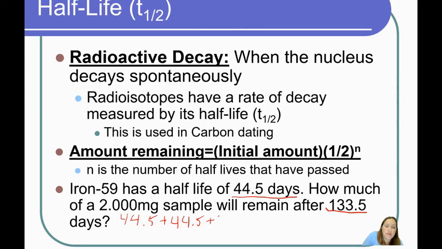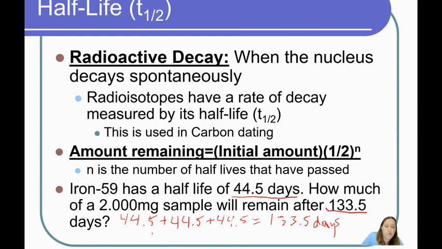And then plus another 44.5 days. And that's going to be 133.5 days. So we know that we have had 3 half-lives taken place. So we have cut that 2 milligram sample in half by 1, by 2, by 3.